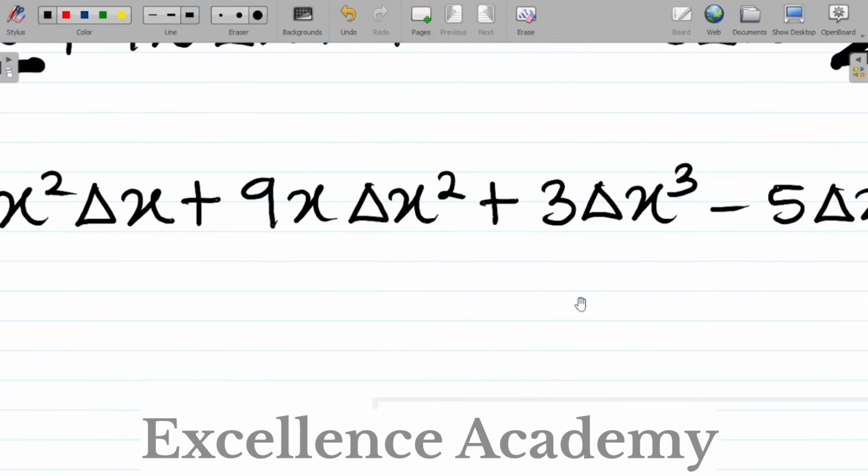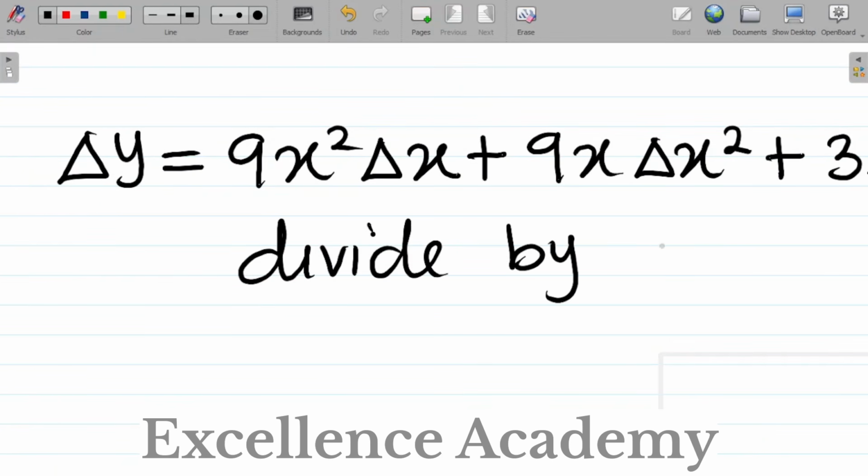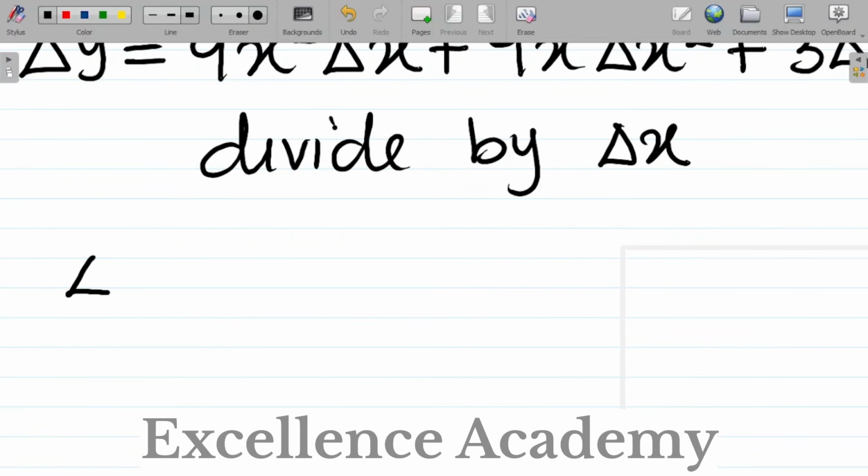All right, so we're now at this point here. What's the next step? Our next task is to divide by change in x. If I divide by change in x, I'll have change in y all over change in x.